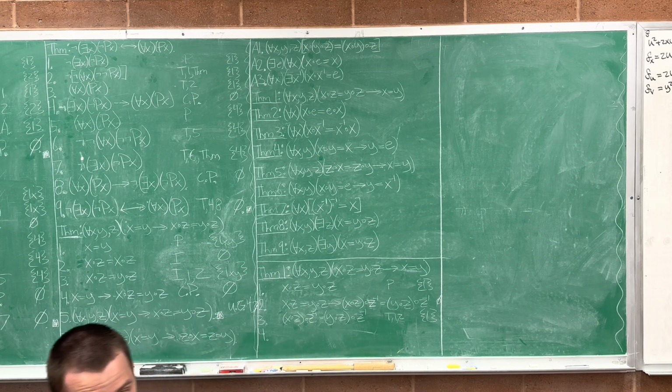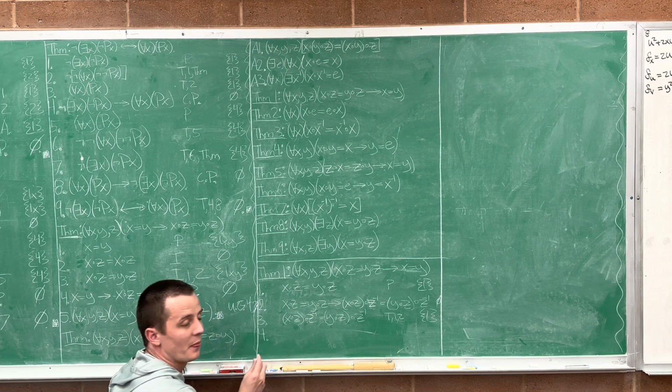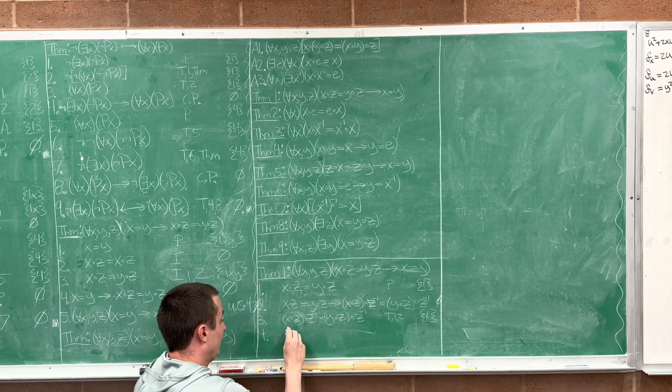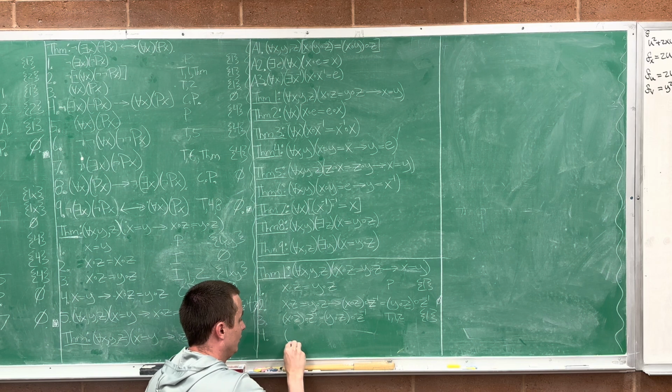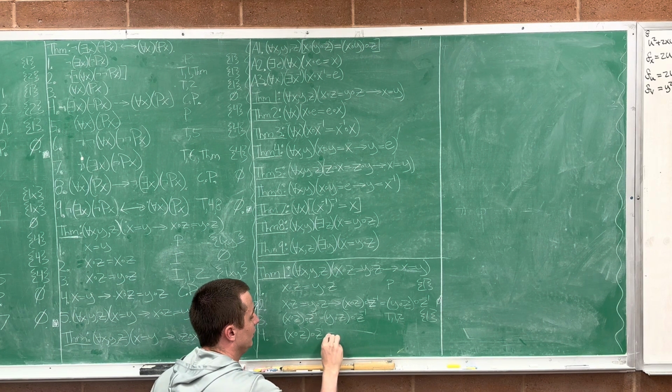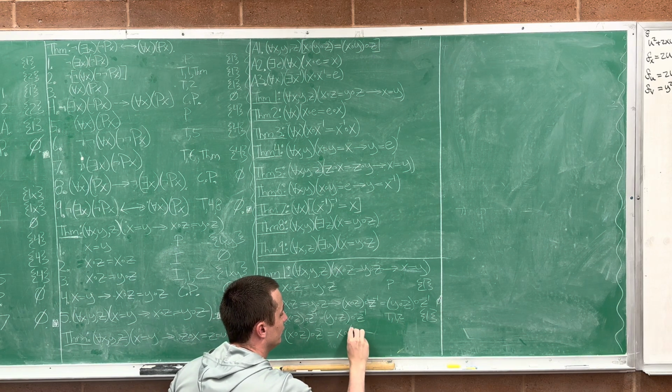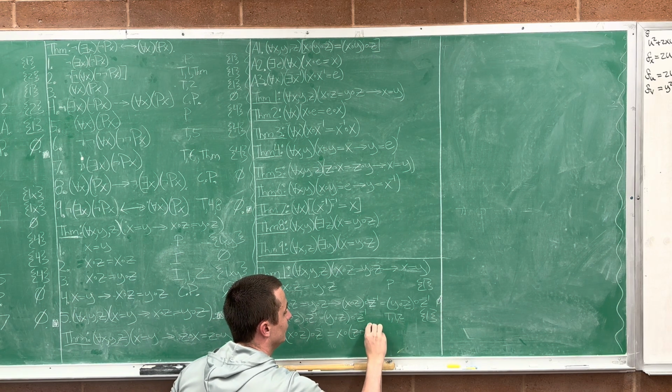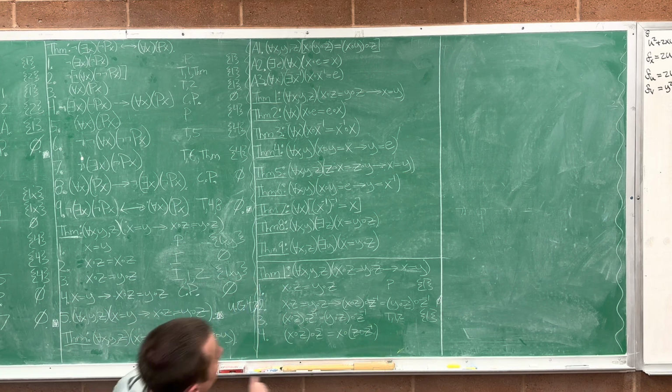But I have to write out all the rules as I use them. Maybe we'll only do this the first time. Okay, so my next step here is to observe that x compose z inverse is equal to x compose z inverse, and that is using axiom 1.